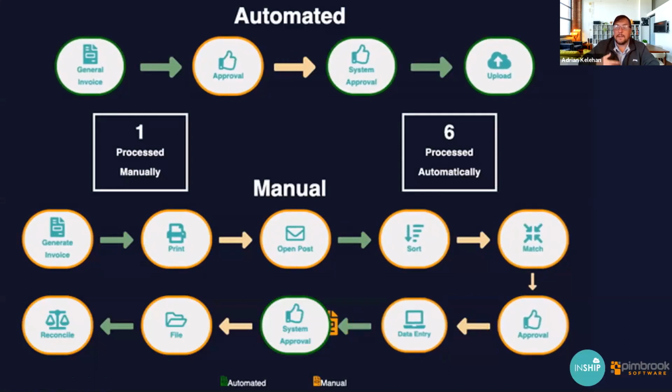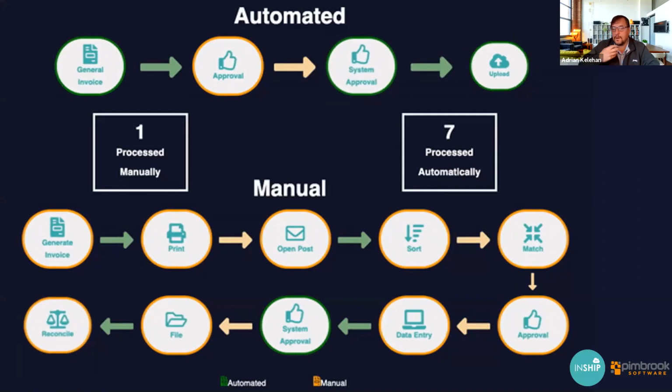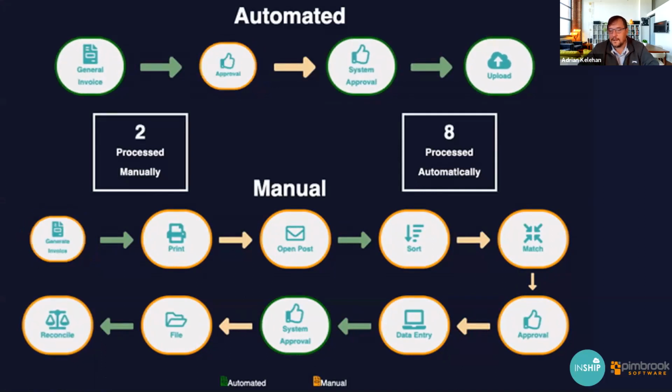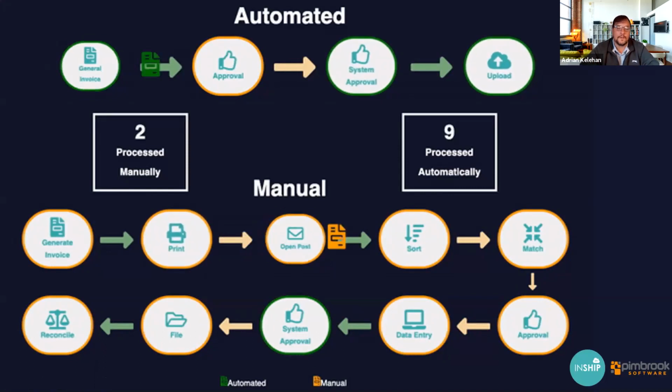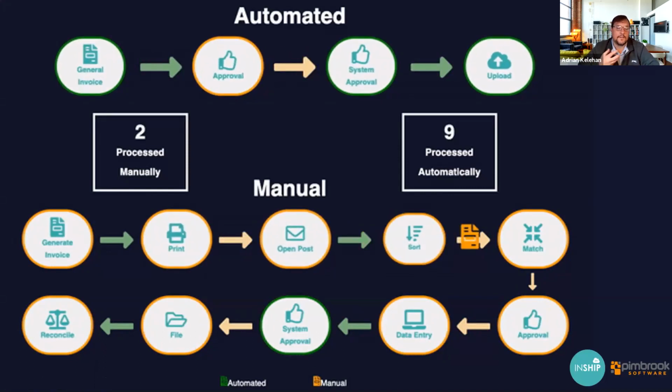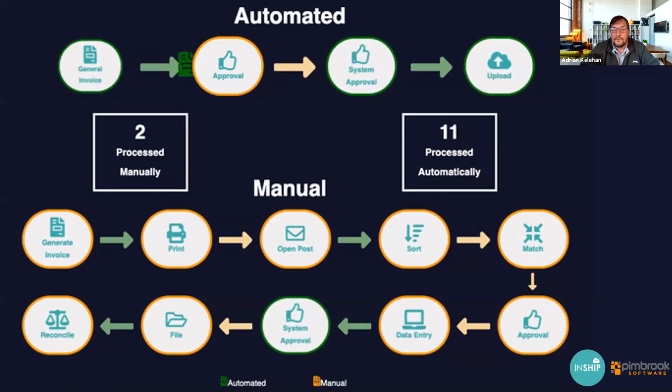A lot of people think it's all it is, but when you break down what happens when an invoice arrives in your company, you sort it, you match it to something else, one or two people approve it, then you data enter it. The system verifies your data entry, you reconcile it and you file it. There are about 9 or 10 steps in that, and just a quick data extraction tool doesn't cover that.